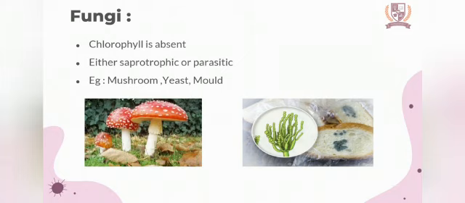Fungi are mostly found to be saprotrophic or parasitic in nature. In addition to this, a fungus may be either unicellular or multicellular. Some common examples of fungi are mushroom, yeast, and mold. They are mostly found to thrive best in moist and warm places. Hence, they choose such places as their habitat.